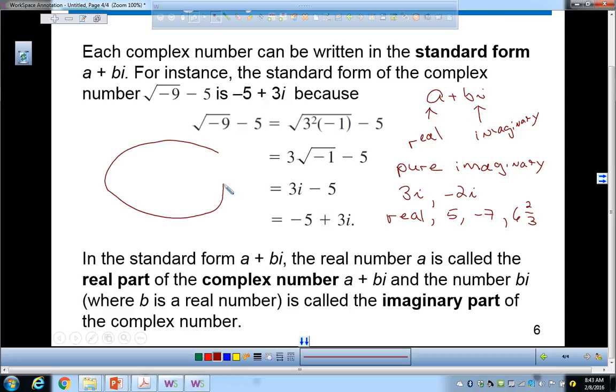If this is like a Venn diagram, here's all complex numbers, here's all real numbers, and here's pure imaginary numbers. Floating over here would be things like my 5 plus 3i. Here would be my pi and 6, and over here would be i and 2i. You get that? Easy enough? So the whole set of numbers is called complex numbers.